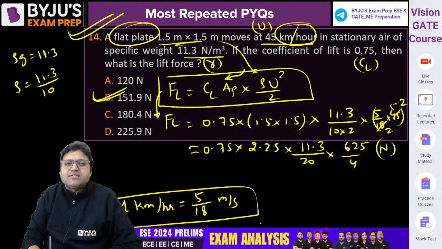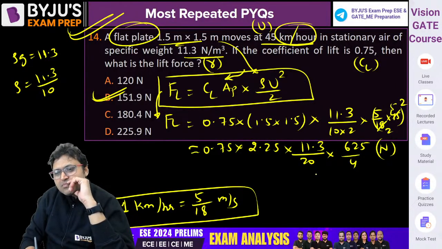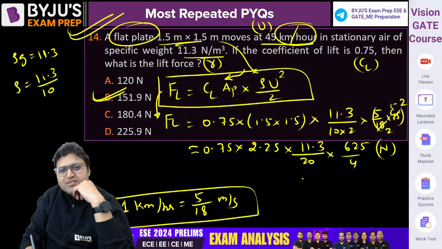That will be the answer, Newton. Yes, 625 by 4. Now do the calculation.